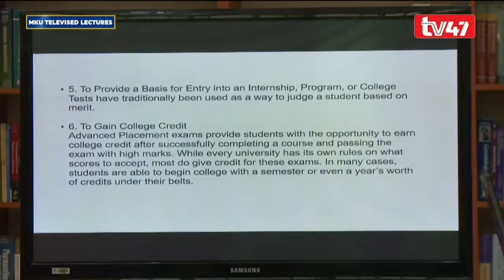And finally, a test is used to gain entry into college and to continue with further education. They are used to place learners in advanced or post-secondary level of learning, and therefore enable them to study and develop their future career opportunities in those colleges and universities, depending on the kind of courses that they have been selected to.